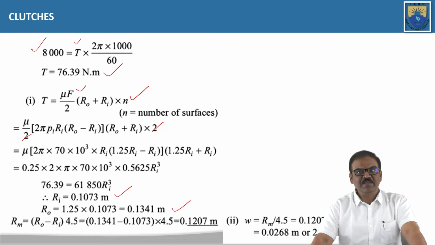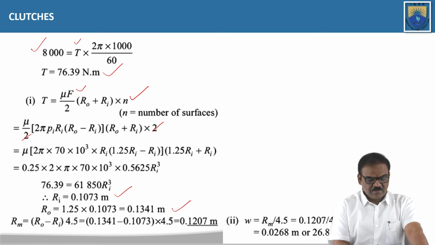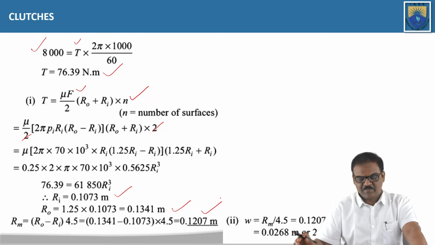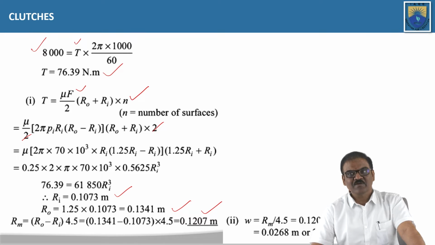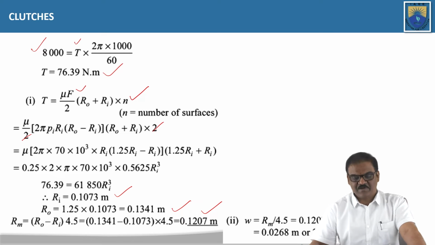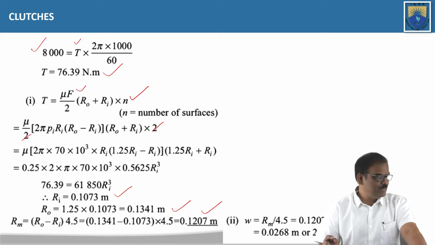Therefore, R mean is equal to (R naught minus Ri) into 4.5. This is the mean diameter. Then the width is also given as R mean by 4.5, or 26.8 millimeters.